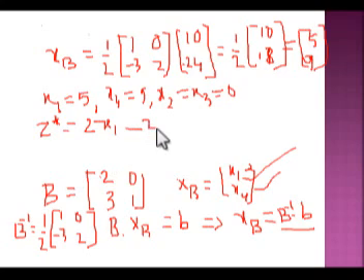I have not introduced the slack and surplus variables here. It will be plus 0, and with the slack and surplus variables it will be transformed this way, plus 0 x4.